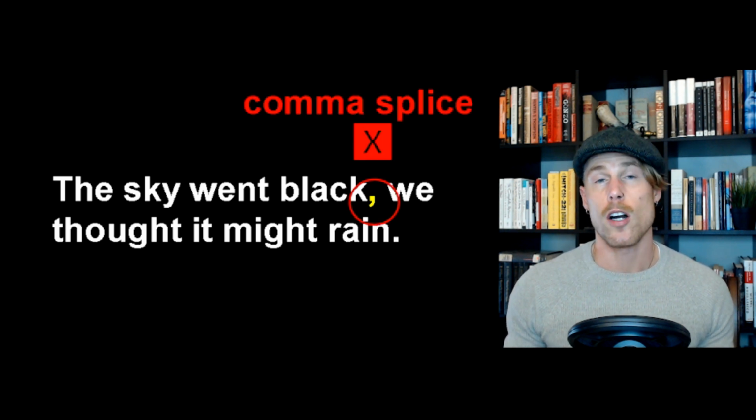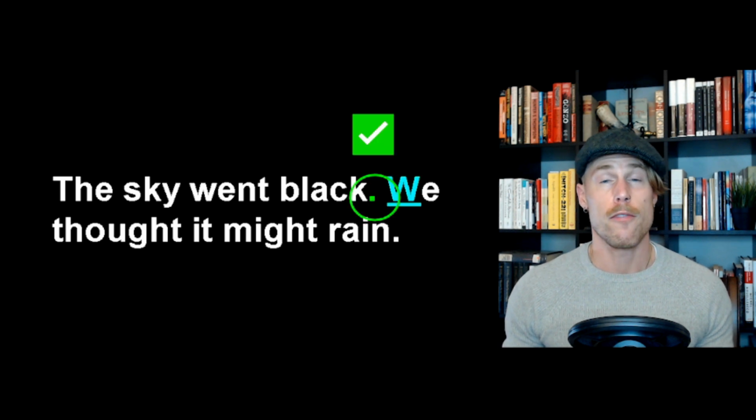This is a comma splice. It is always incorrect. If we put a period, now it's correct. But we have to make a capital letter of the subject in the second clause, we.